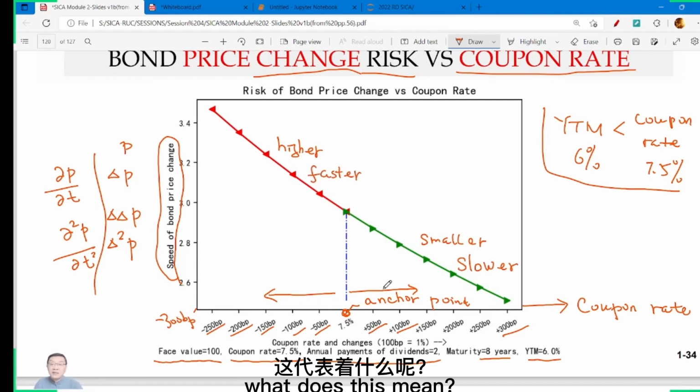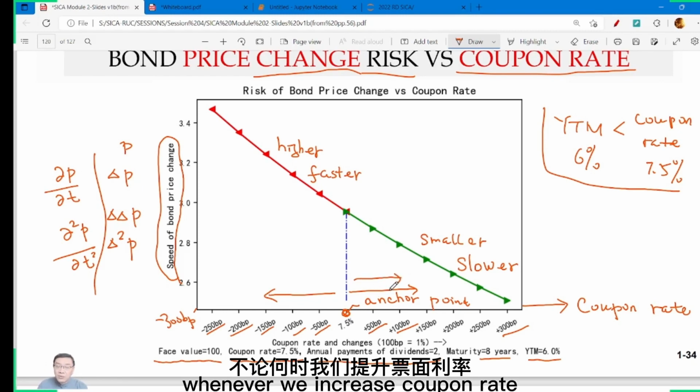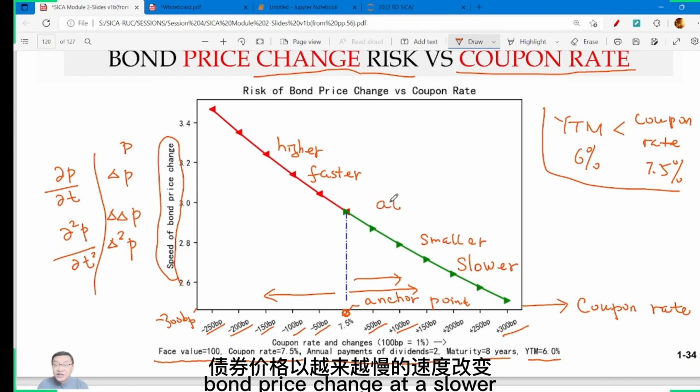What does this mean? We have 2 situations here. First situation, whenever we increase coupon rate, the bond price changes at a slower and slower pace.